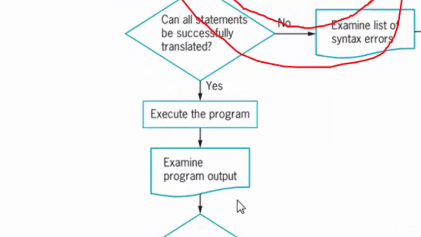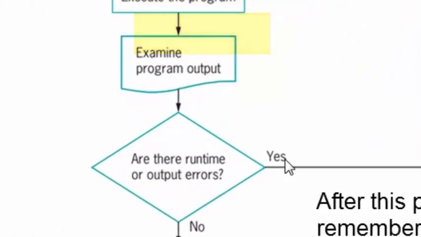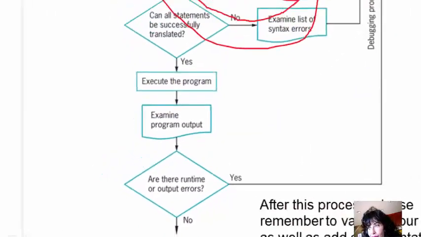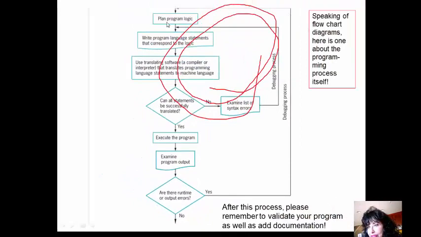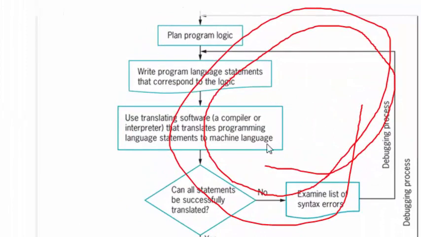Now here is where you're going to look at your output. If there are still some errors in what you were hoping to get, yes, you're going to swing back around and come all the way back to the top, yes, square one, and plan your program logic and recode it and so on, which again, you may have some more syntax errors showing up.